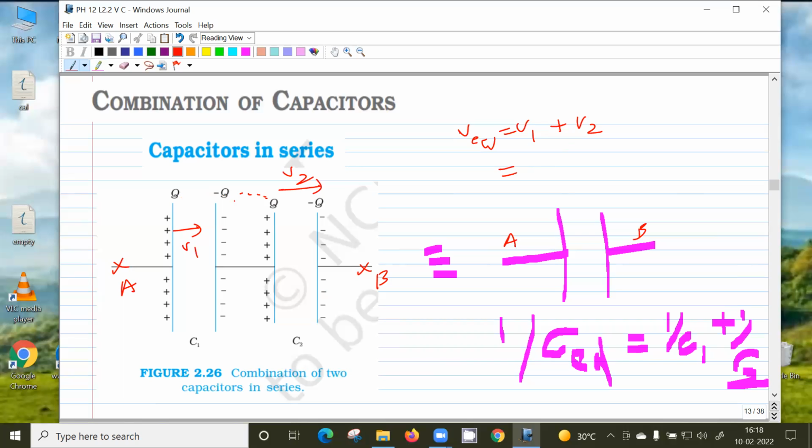This plate is plus Q, and this plate is minus Q. Okay, and this plate is plus Q, and this plate is minus Q. So why are these two plates having equal magnitude charges with opposite sign? Why can't this be, say, some Q2 and minus Q2, where Q2 is different from Q? Why is that so?